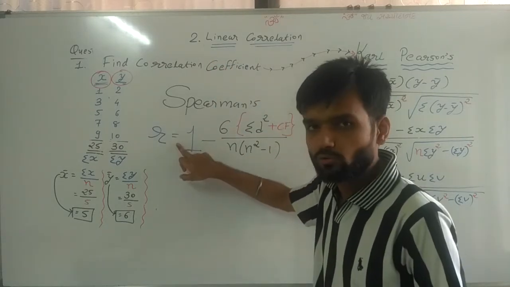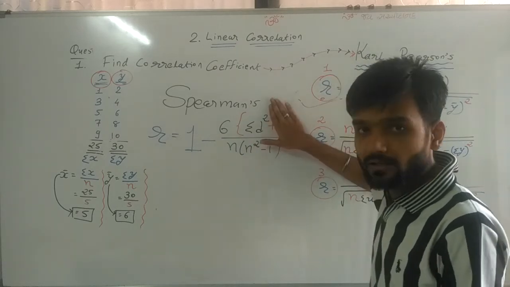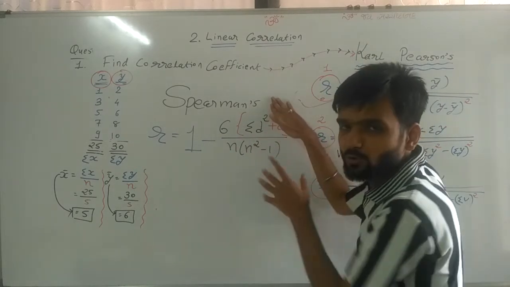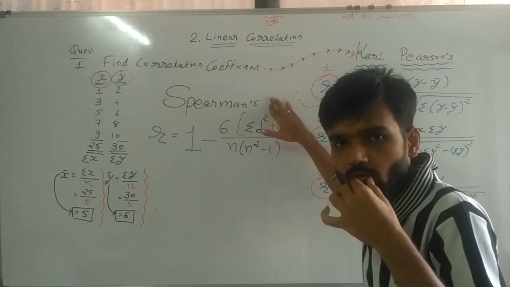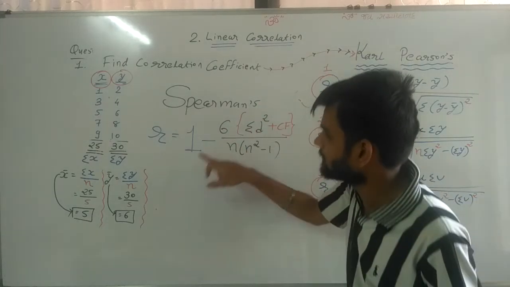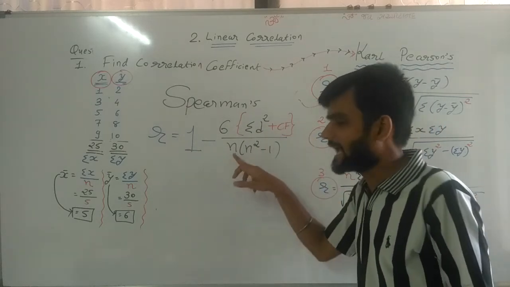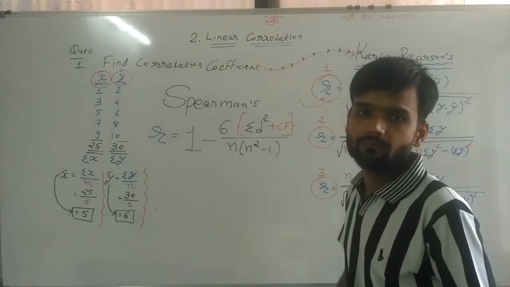R is equal to 1 minus 6 sigma d square upon n square minus 1, and sometimes we have to use 1 minus 6 sigma d square plus CF upon n square minus 1.